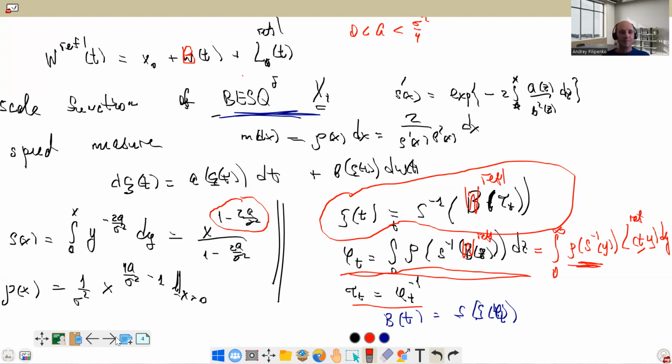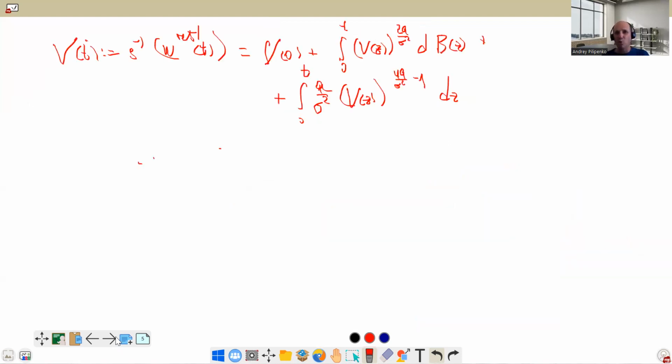And then you just make a transformation of time and use just classical results on transformation of time in stochastic differential equations.